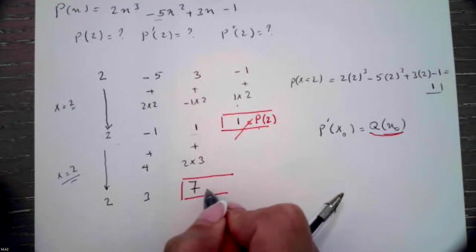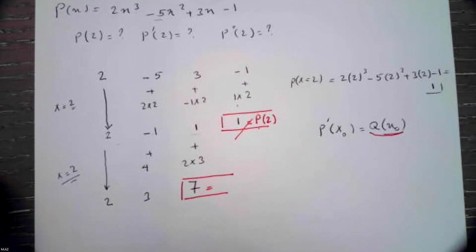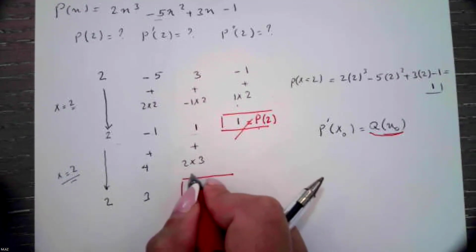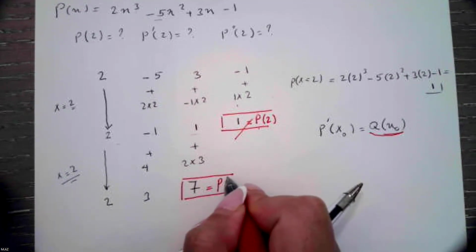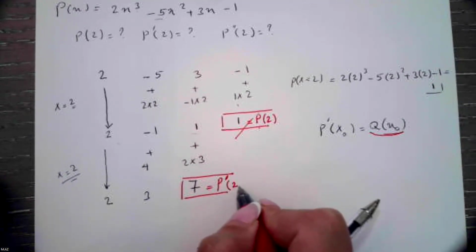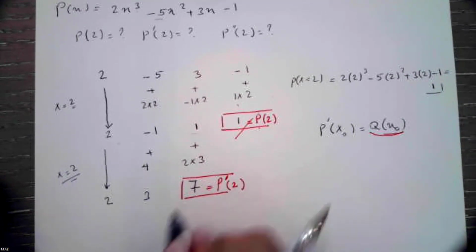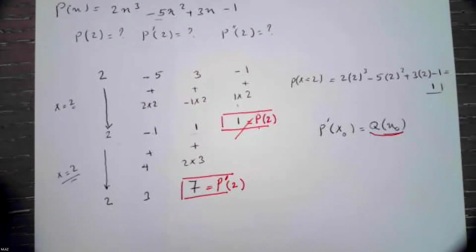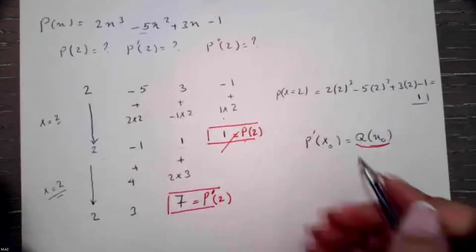This is the remainder for the quotient. And we can say the value of the first derivative of this polynomial function at 2 is equal to 7. Let's check with the mathematics.